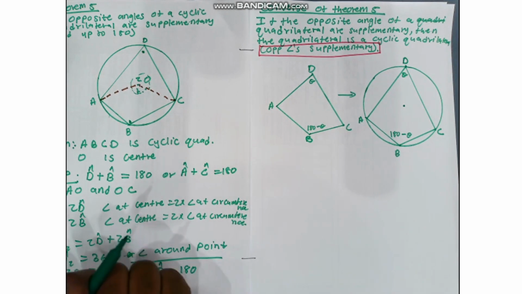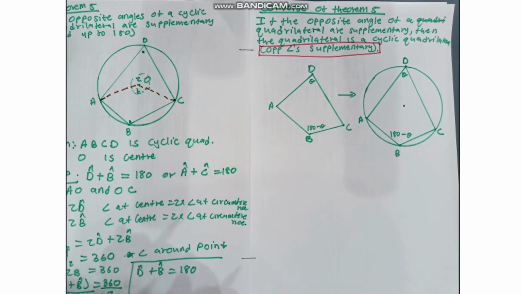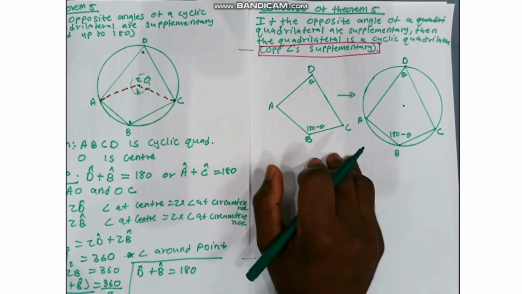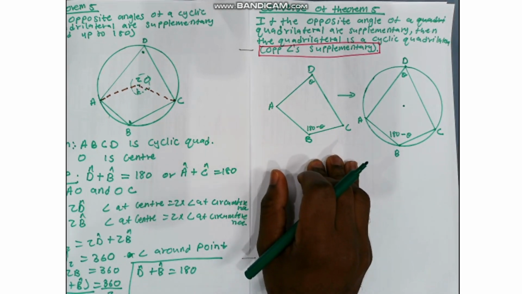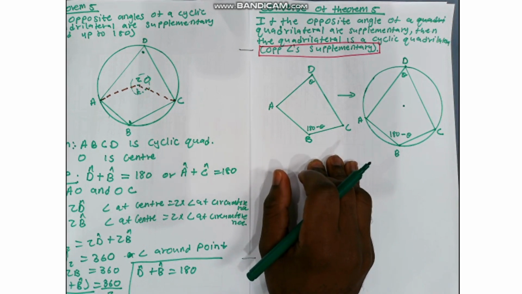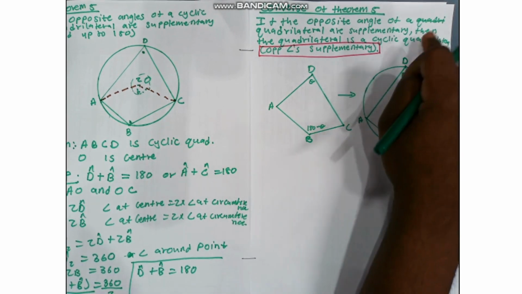With theorem 4, we also have the other way of proving a cyclic quad, where you're proving the angles at the same segment. This one is saying if the opposite angles of the quadrilateral are supplementary, then the quadrilateral is a cyclic quadrilateral.